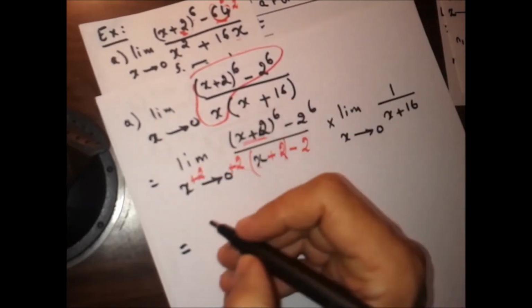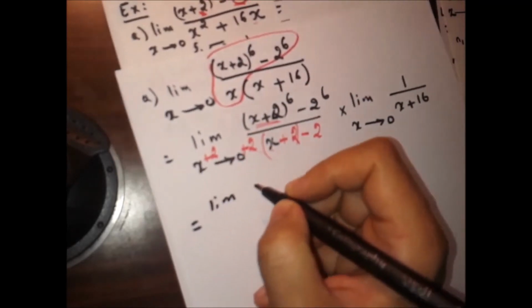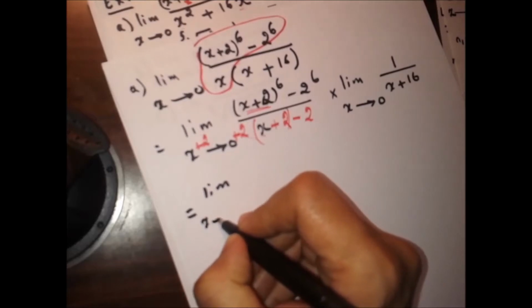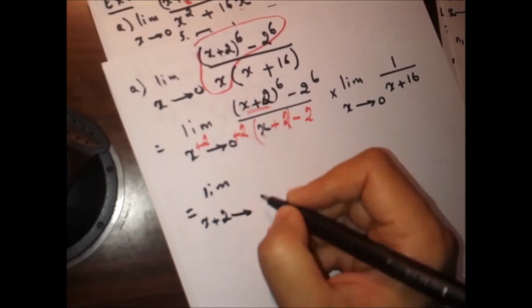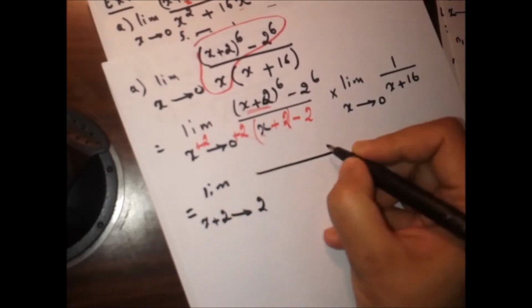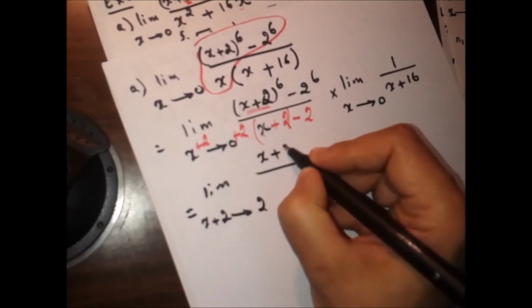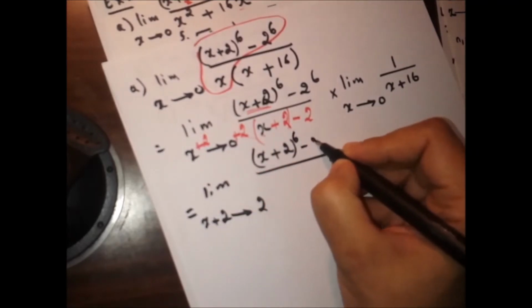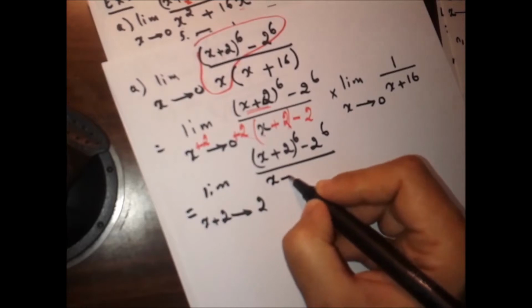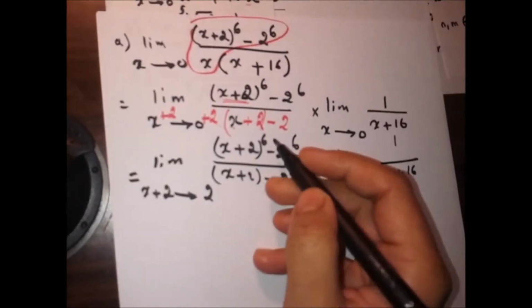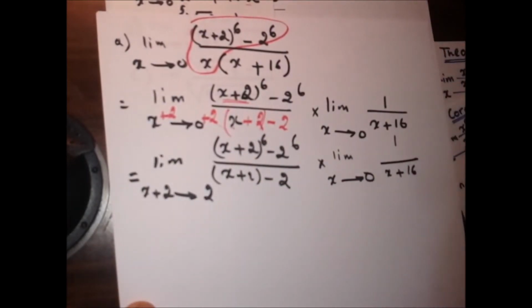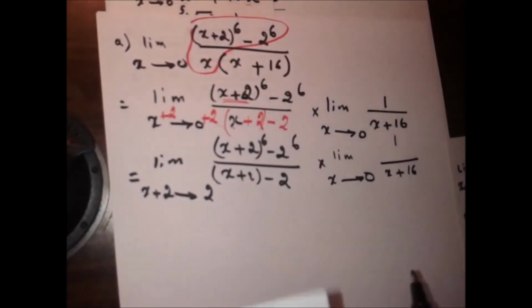Let's rewrite. So limit as x plus 2 tends to, now 0 plus 2 to be 2. And we have up, it's (x plus 2) to the power 6 minus 2 to the power 6, and down it's x plus 2 minus 2. For this part, we can just evaluate it by the theorem.